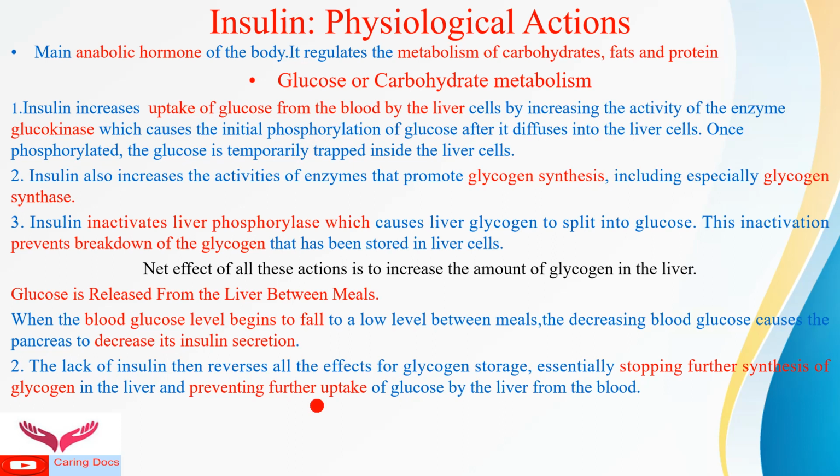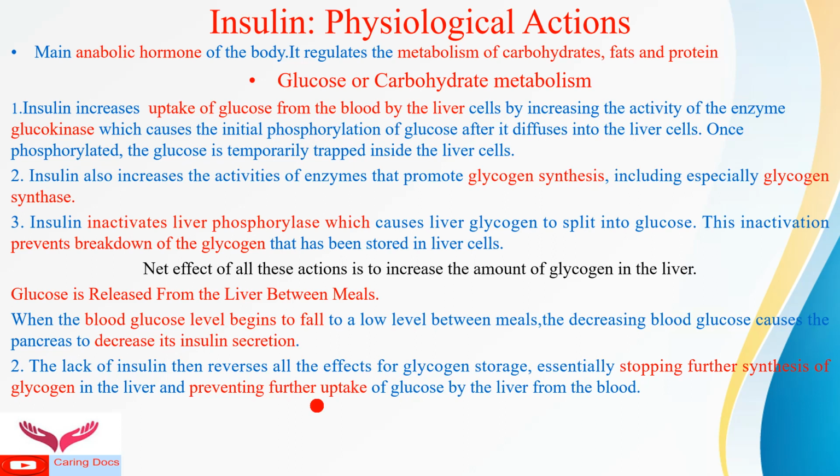So when this enzyme is inactivated by insulin, there will be no breakdown of the glycogen, and there will be no release of glucose from the liver cells from the glycogen. So the net effect of all these actions is an increased amount of glycogen synthesis in the liver by insulin.